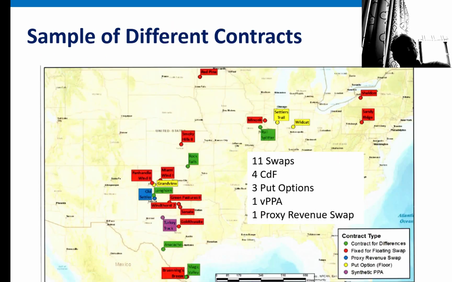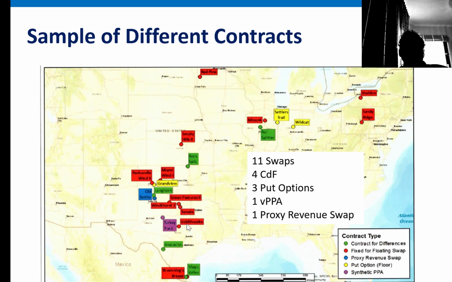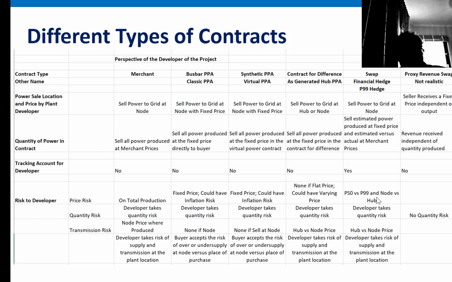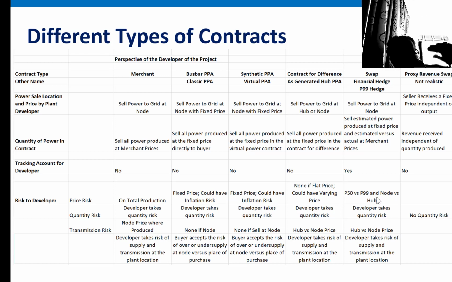Now, this is not necessarily right, but these are some transactions, and you can see most of them are the red ones, which are the swap, which are the complicated one, because in this swap one, if you're going to fix the volumes, that's not the same as what you produce, and you're going to have to take some risk when you promise to hedge at a certain volume, and then the actual volume you produce is different.